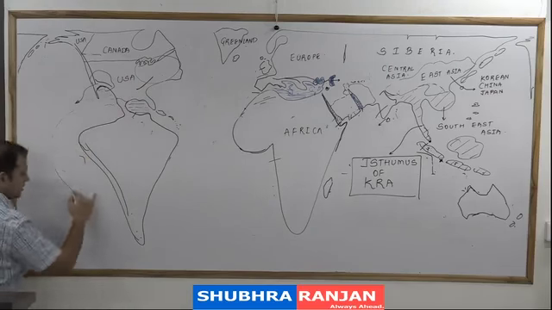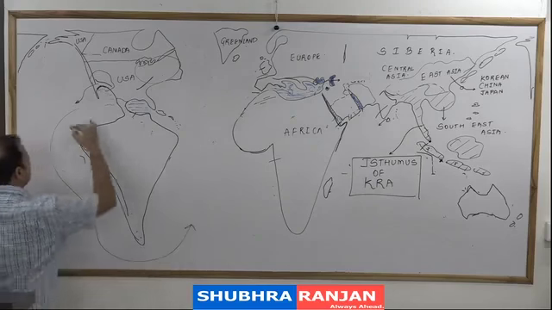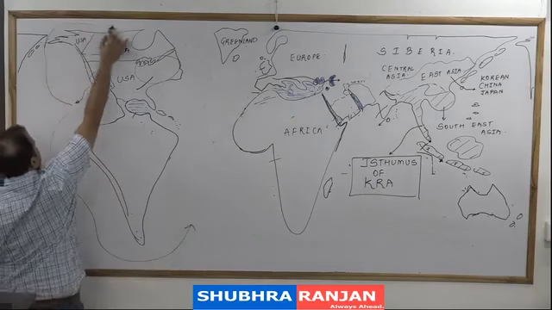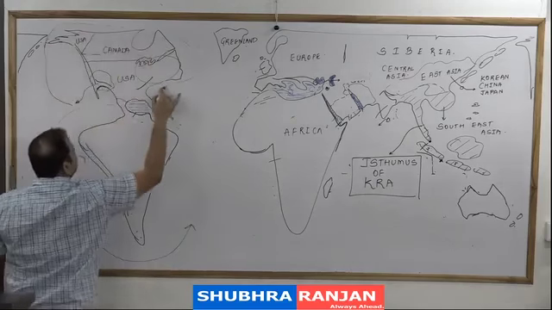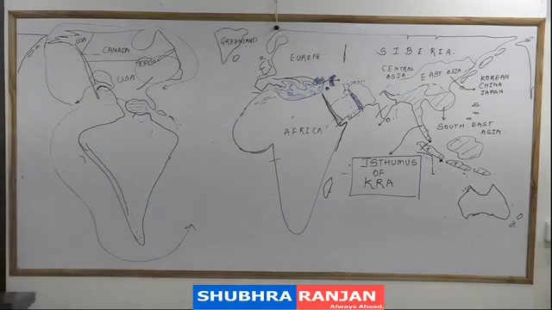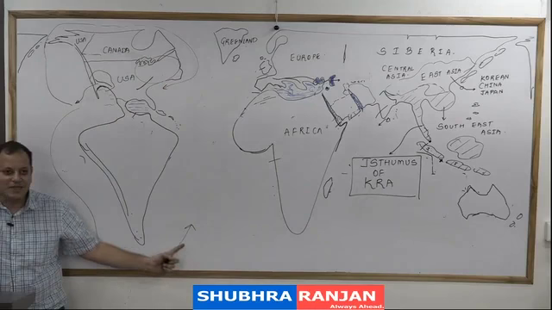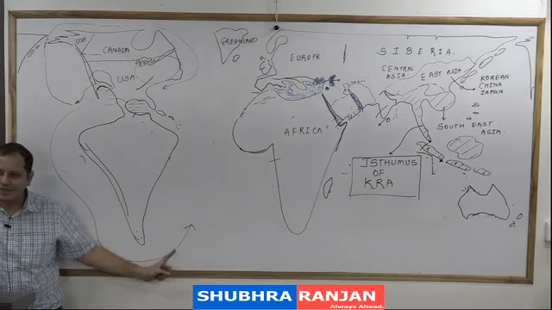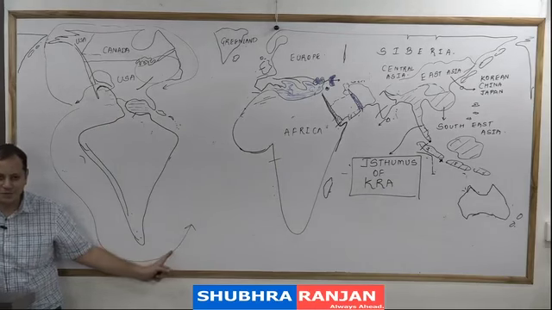Will it cross this entire region or will it go through this region? If it goes this way, below 60 degrees the sea is cold, it is mostly frozen.